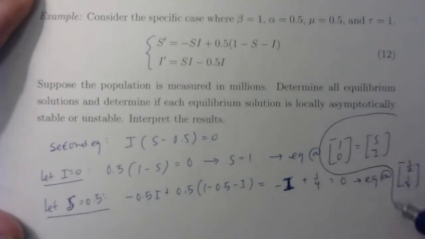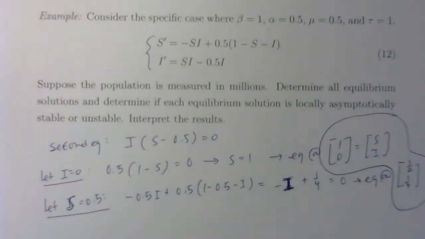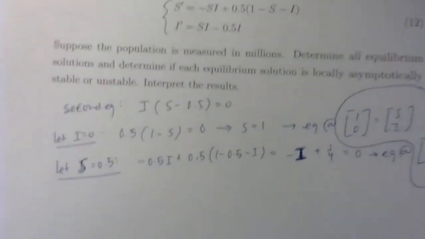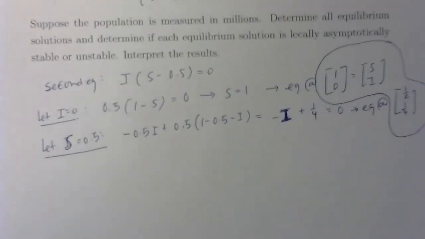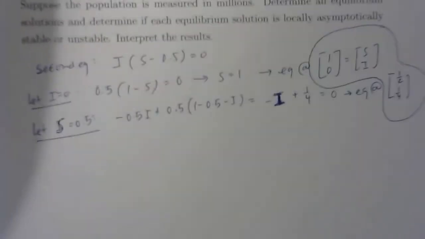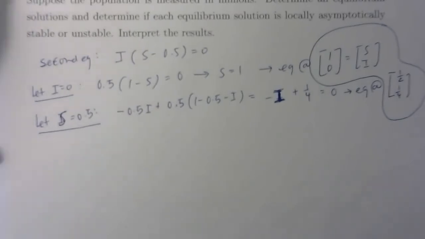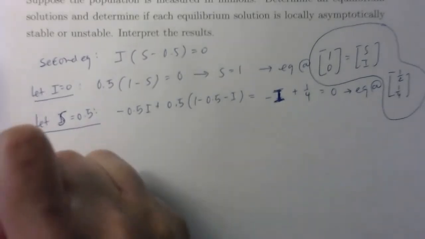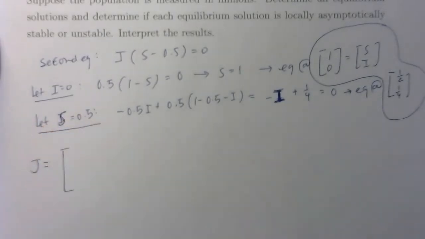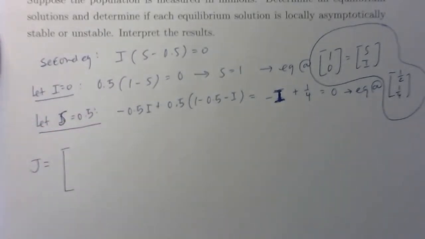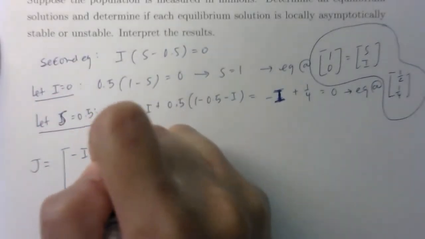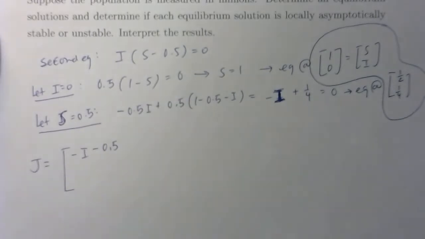These guys here. So let's find the Jacobian, plug in the equilibria, and look at the eigenvalues of the Jacobian at these points for an understanding of the linear system, and then use the theorem to extend that to the nonlinear system. So the Jacobian: derivative of the first equation with respect to s, minus I minus 0.5.